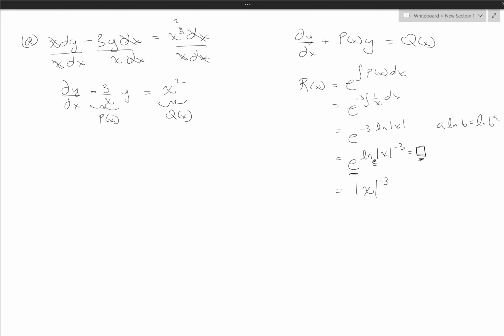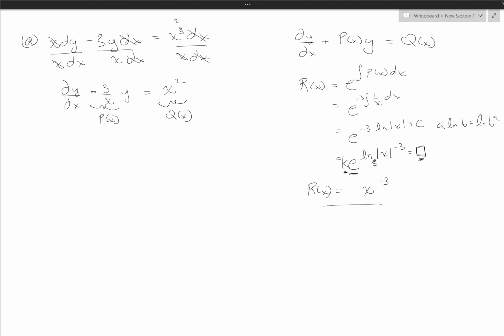Now, one thing I failed to tell you: there would be a plus c, and that results in a constant here. This constant can be positive or negative. So because of that, for r(x), we don't need to take the absolute value anymore, because the constant can be positive or negative. Okay, so we know what we're going to multiply our equation by.